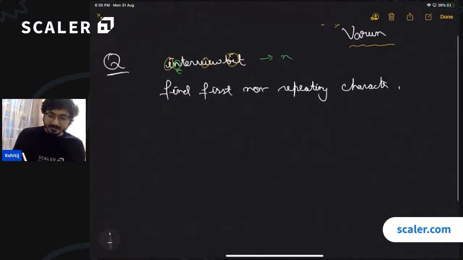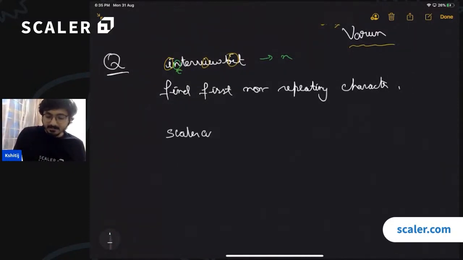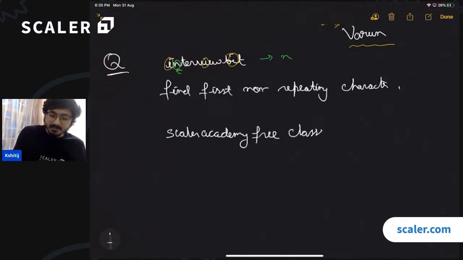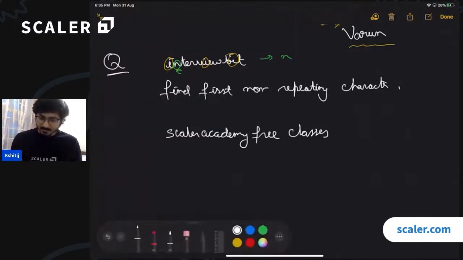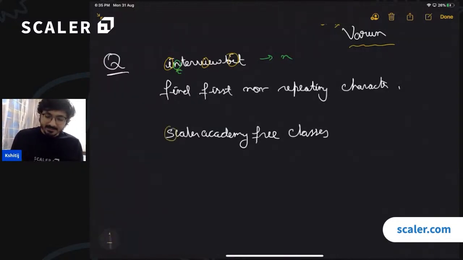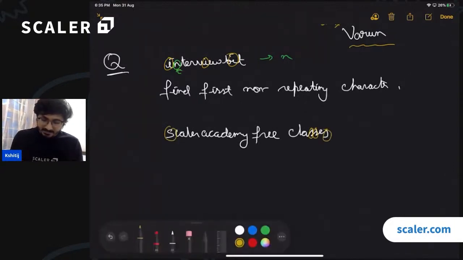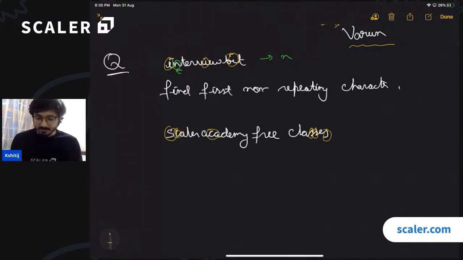Let us take another string. For example, let us say scalar academy free classes. If this is the string, what should be the answer? We can see that S is repeating multiple times in this string, so S cannot be the answer. C is also repeating, so C also cannot be the answer.